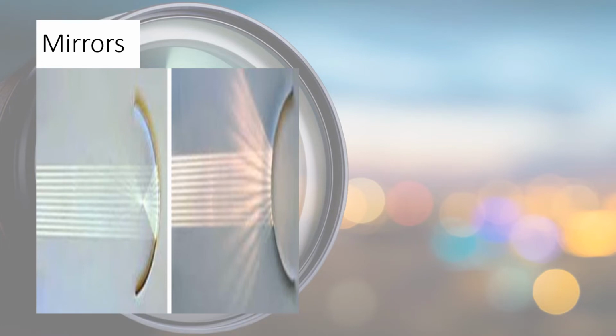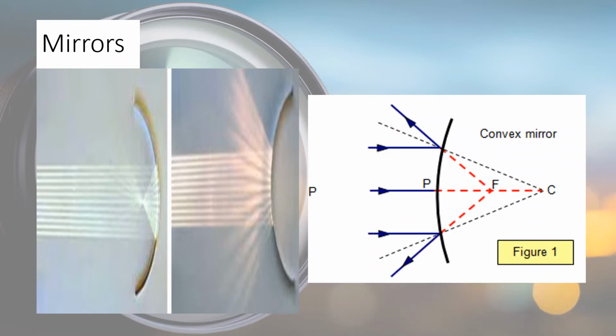When parallel light rays strike a concave mirror, the reflected rays meet at a common point known as the real focus. When parallel light rays strike a convex mirror, the reflected rays are scattered.